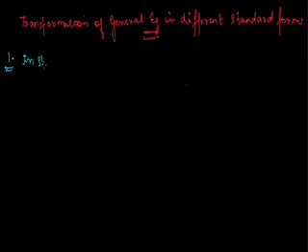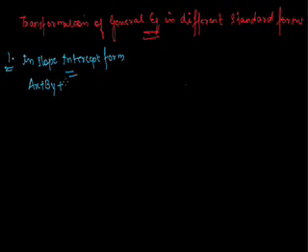In slope-intercept form, as we know, our general equation is ax plus by plus c equals 0, and slope-intercept form is y equals mx plus c.